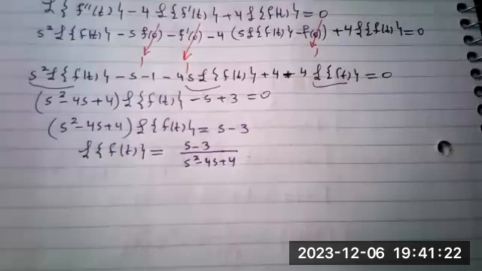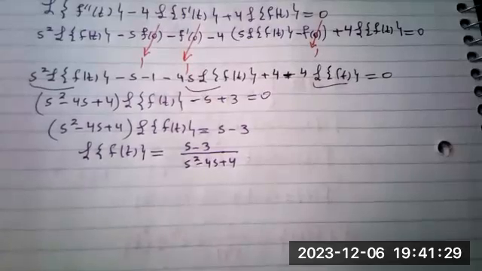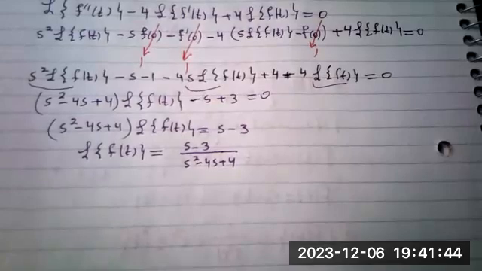So what we can do for this is, the denominator would be a perfect square. It's going to be s minus 2 squared. Then, separate the top, so we have s minus 2 minus 1 on the top.